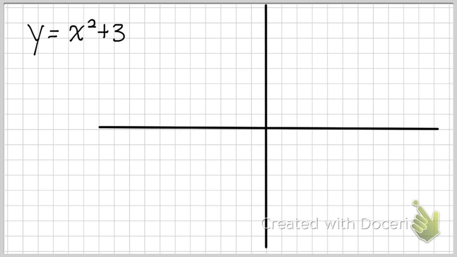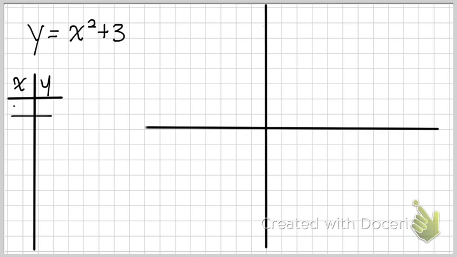So let's take a look at how we're going to approach this. Whenever we are graphing anything, it's always a good idea to have a table of values. We might not use the table of values, but it's always a good idea to have that in mind as a default element of the exercise.